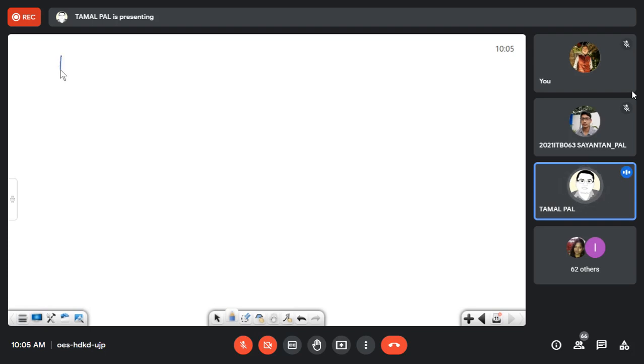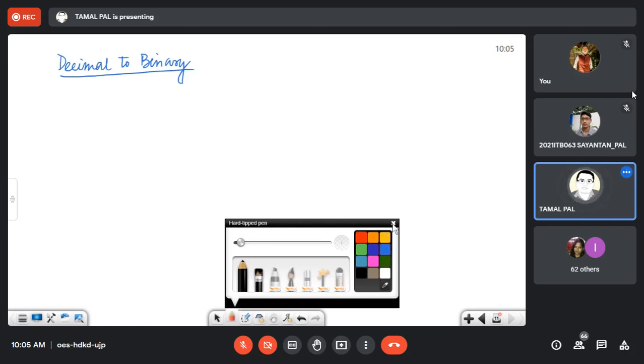So, shortcuts for decimal to binary. Let's say we have to organize the weightage first.